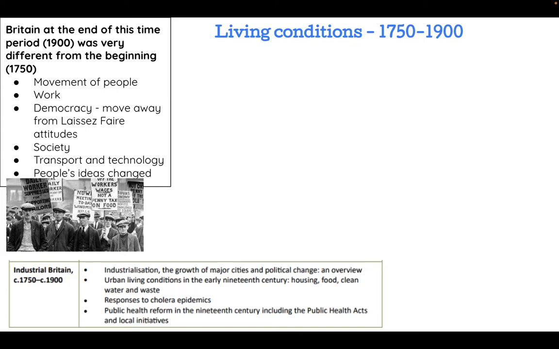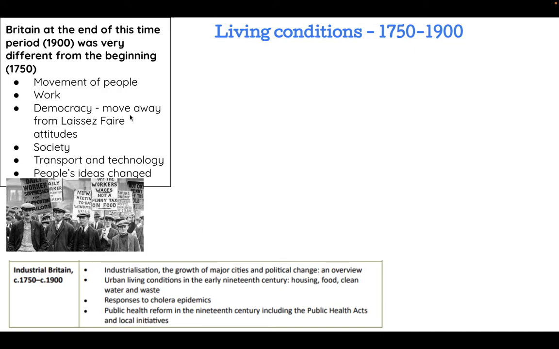Work changed dramatically during this time period. At the beginning, lots of people worked in the countryside or at home, but people stopped working from home and worked in the factories. Machinery in the countryside also made supply of food easier as well. So we see technology being a big reason for change during this time period.